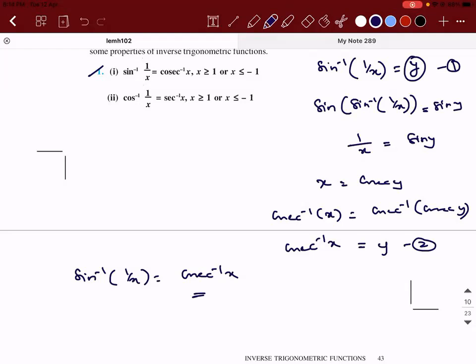Try to write it without seeing. I'll give you a minute. Can you try proving cos inverse 1 by x is equal to secant inverse x?